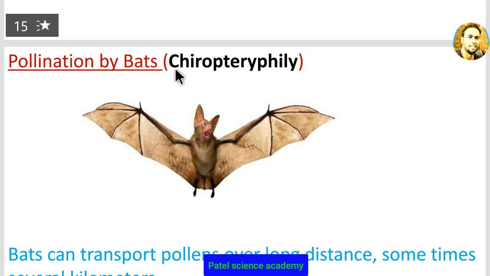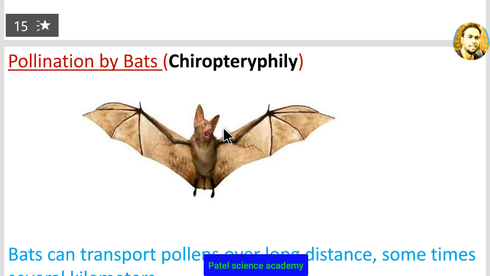Pollination by the bats. So this type of pollination is called chiropterophily. Chiroptero means bat. A bat can also go for the pollination. Bat can also be considered as a biotic agent for the pollination.